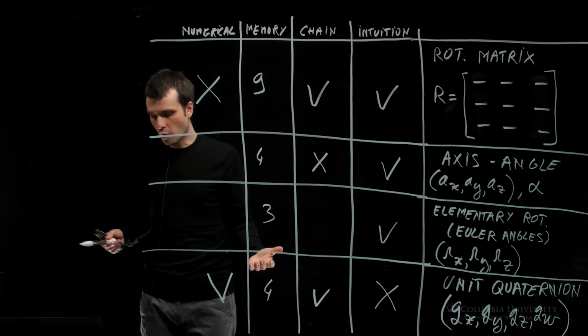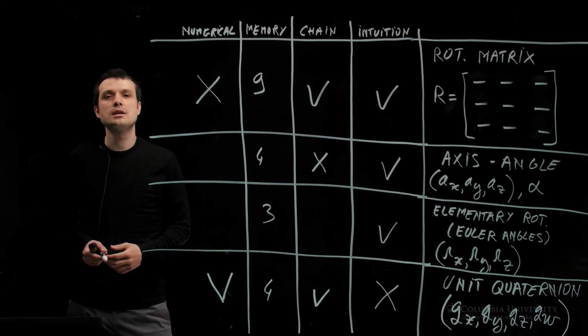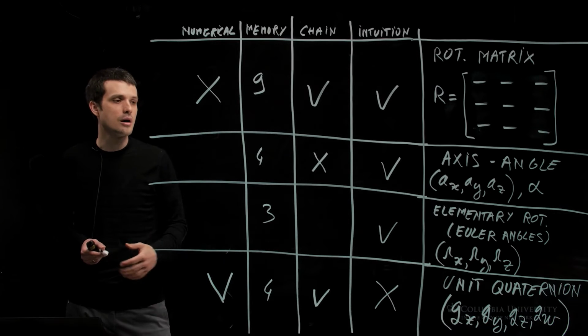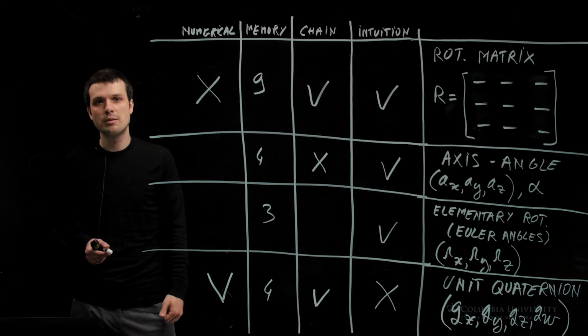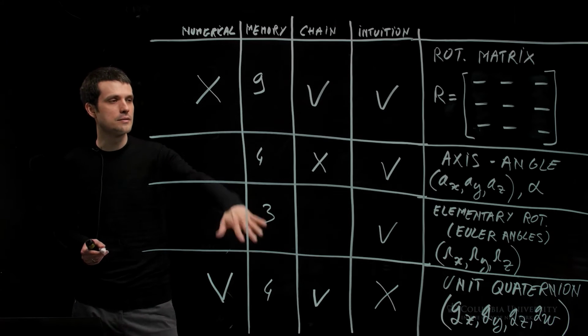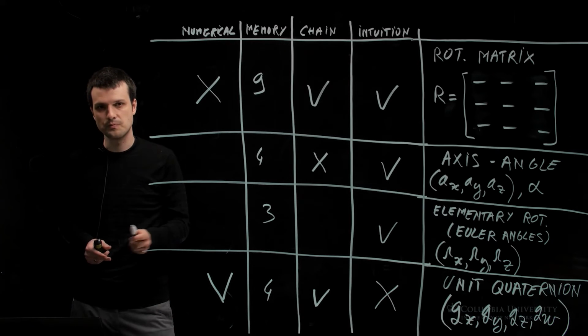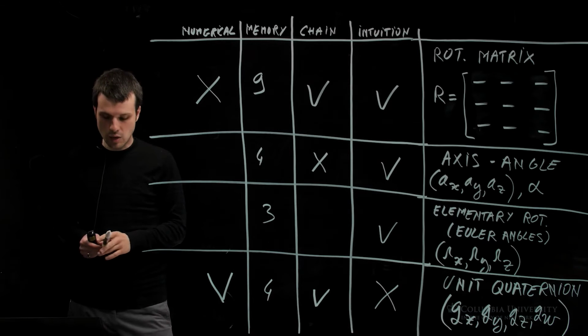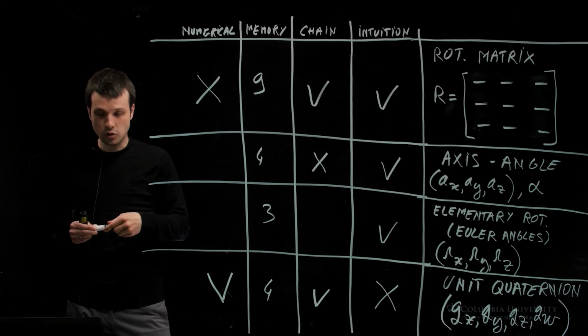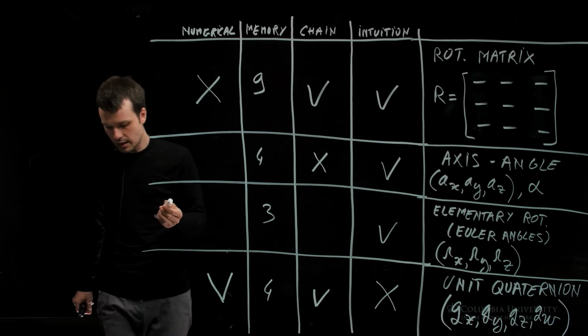That is sometimes annoying, because just by looking at a quaternion, it's very hard to understand what's going on. But remember that any transform library worth its salt will give you functions to convert between all of these representations.